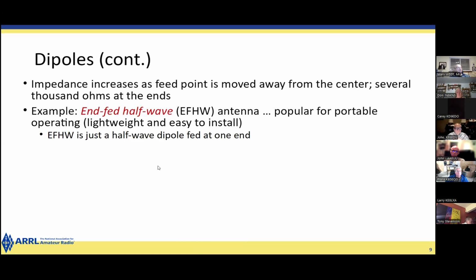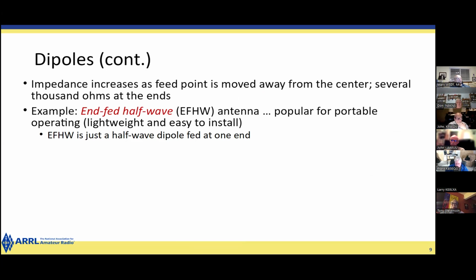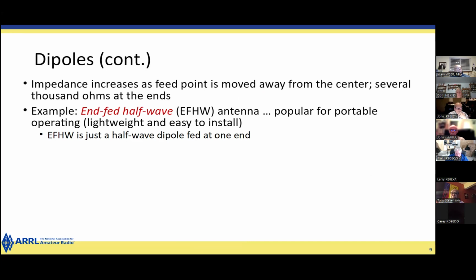Now, as you move that feed point away from the center, the impedance increases, and it can reach several thousand ohms at the end. That's why if you make it an end-fed half wave, you end up with a 49-to-1 transformer of one sort or another in order to use the thing.